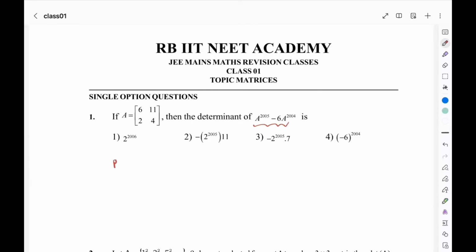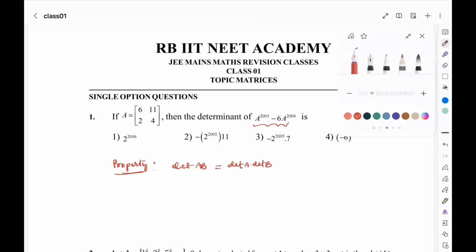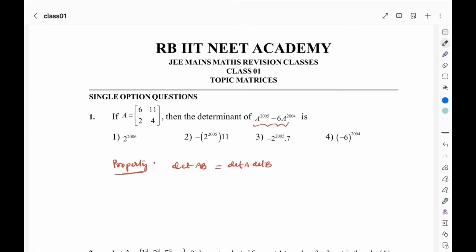We have the property that det of AB is det A into det B. So based on that, here you can write det of A power 2005 minus 6A power 2004.